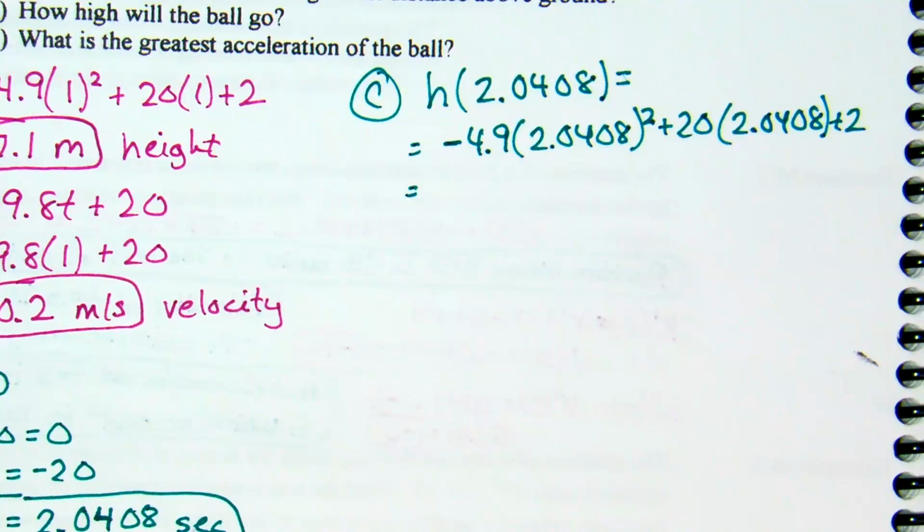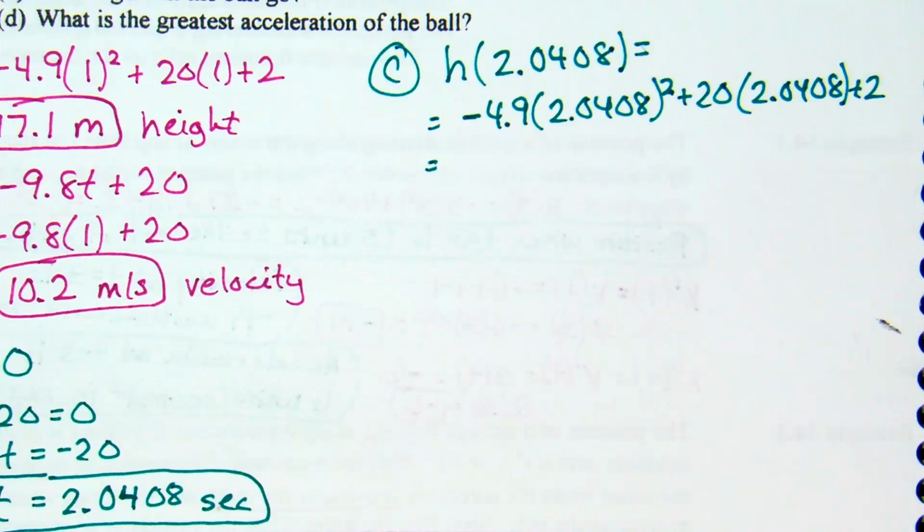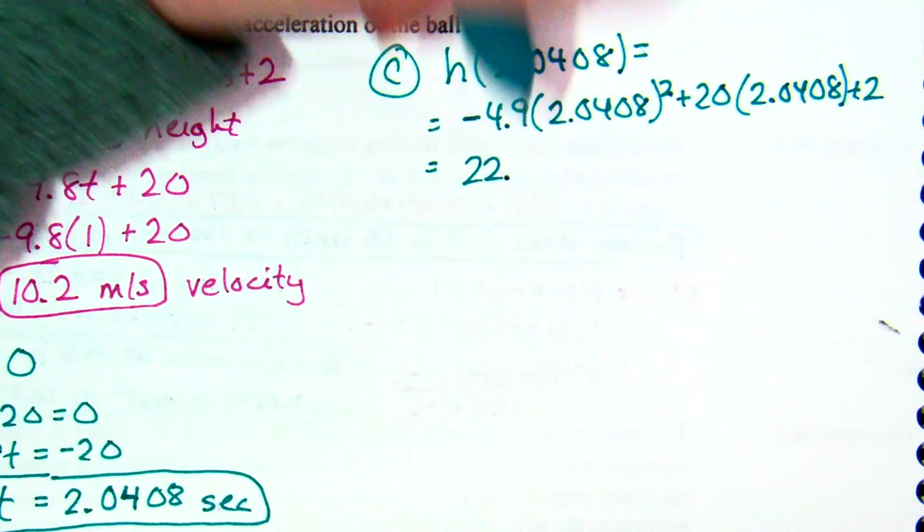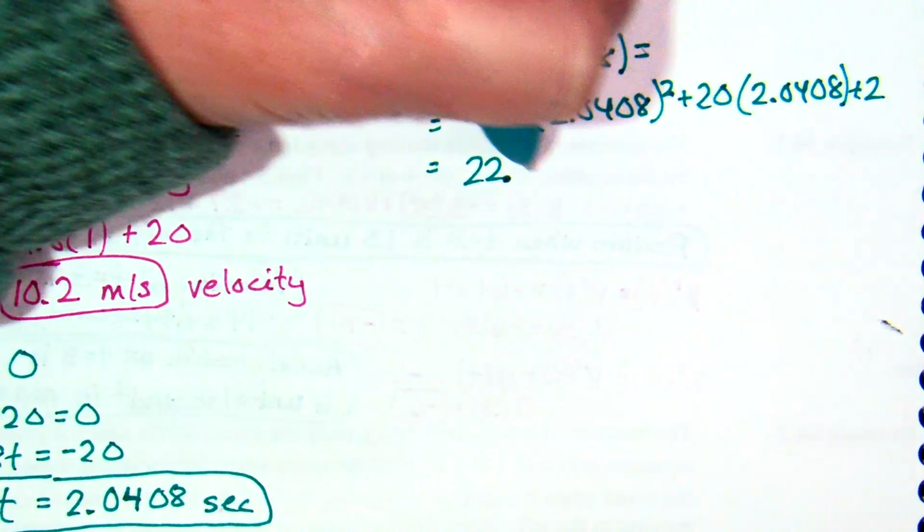Way off the screen here. Did you guys get a number? 22.267. I like the 22. 4082 is what I have written down on my notes.